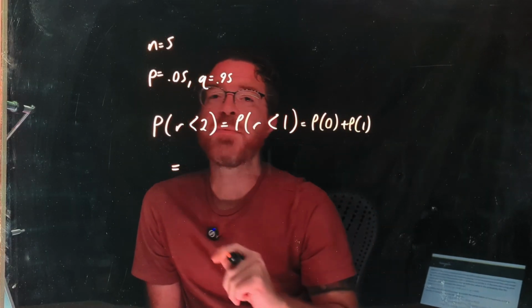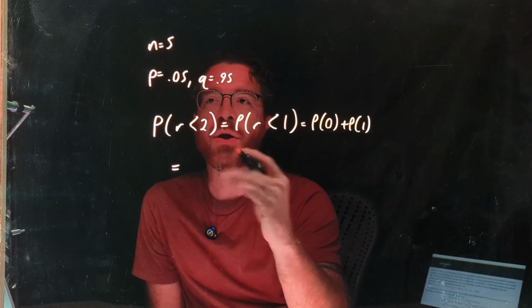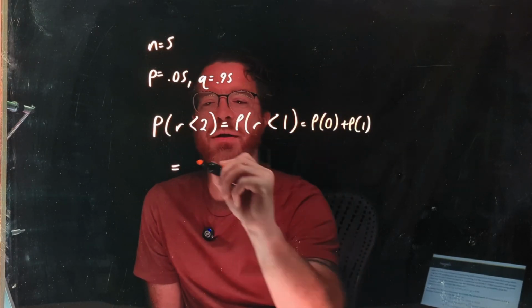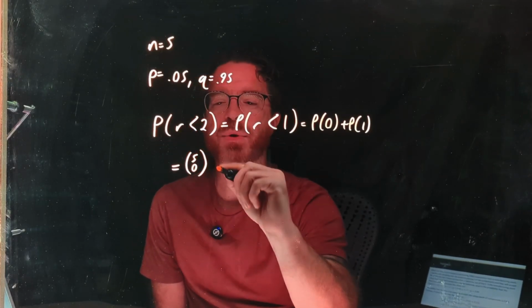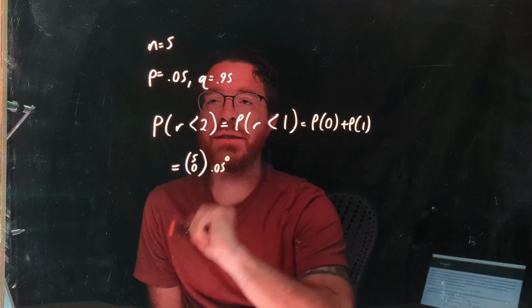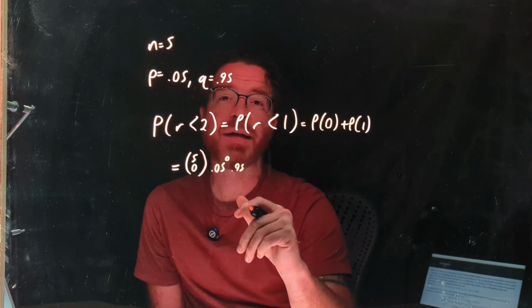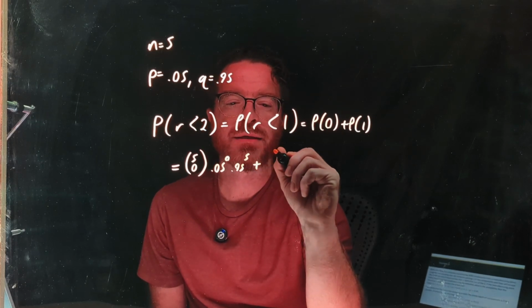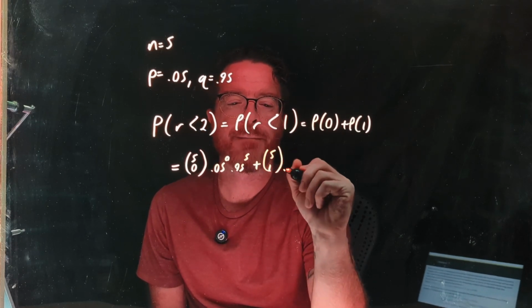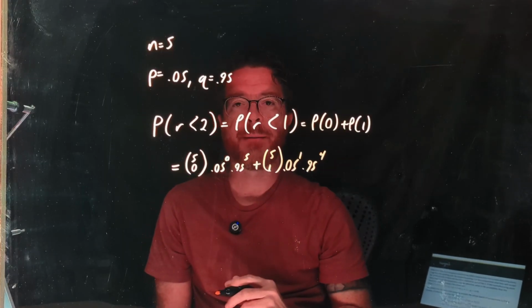So now setting this up using our binomial probability, this is going to be N choose R, so 5 choose 0, probability of success, 0.05 to the 0, times probability of failure, 0.95 to the N minus R, or in this case, to the 5th power, plus 5 choose 1, 0.05 to the 1, 0.95 to the 4th power.